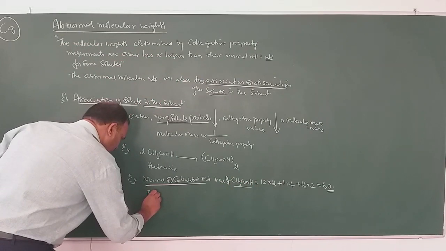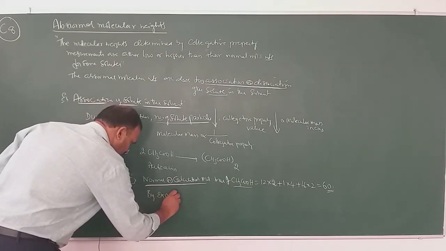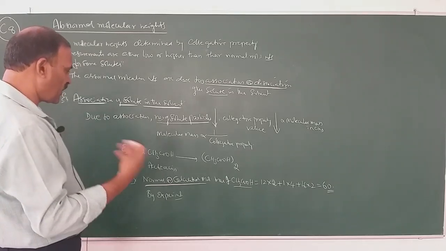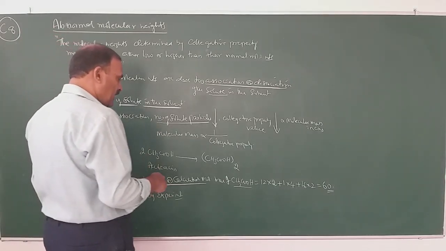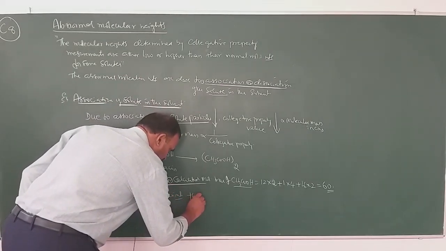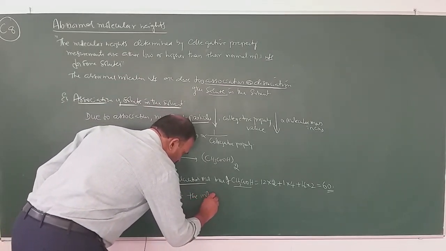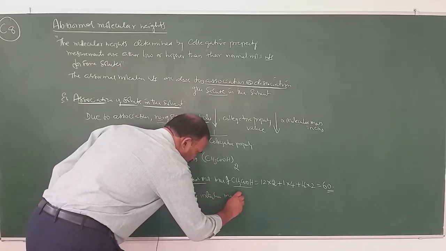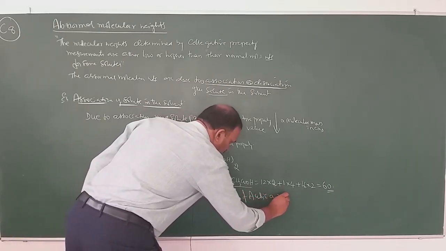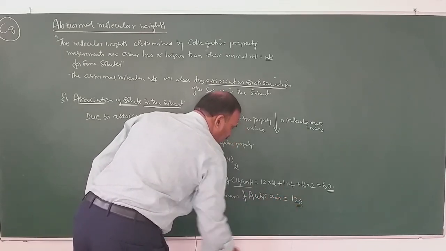By experiment, either by relative lowering of vapor pressure, elevation in boiling point, or depression in freezing point, the molecular mass of acetic acid is found to be 120.